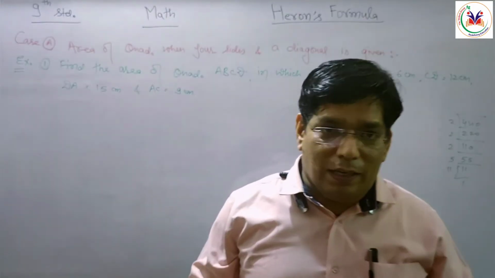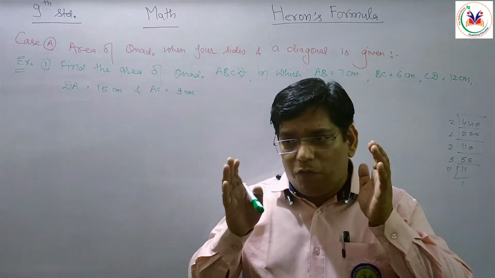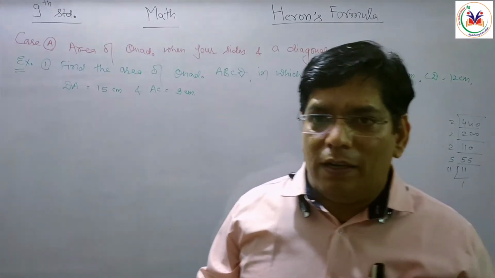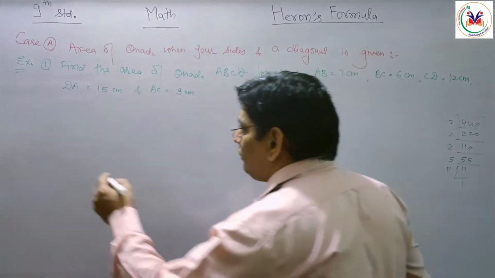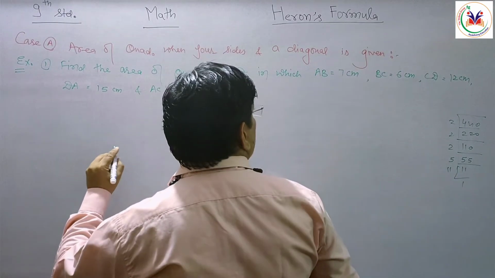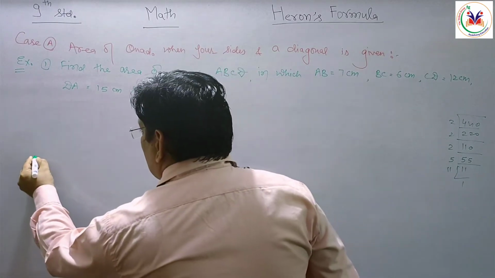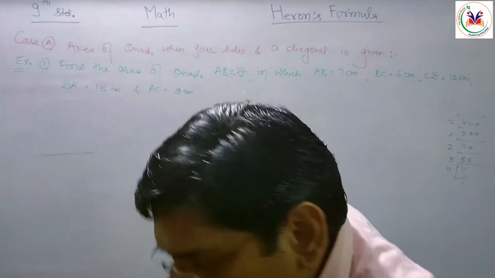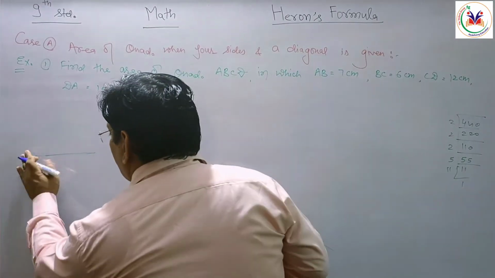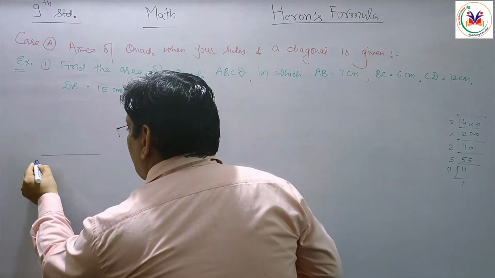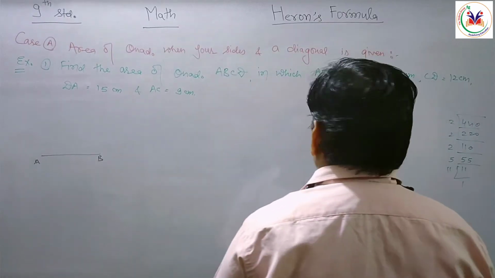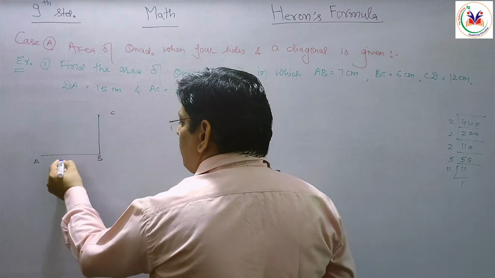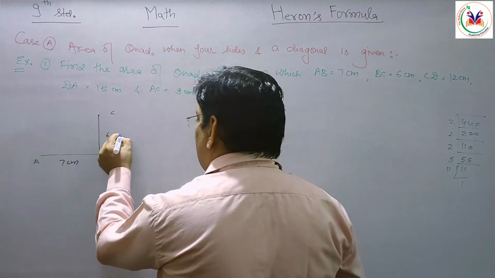Before starting to calculate the area of the quadrilateral, first of all we have to draw the rough figure of the quadrilateral. How can we draw it? AB is 7 centimeter, BC is 6 centimeter.